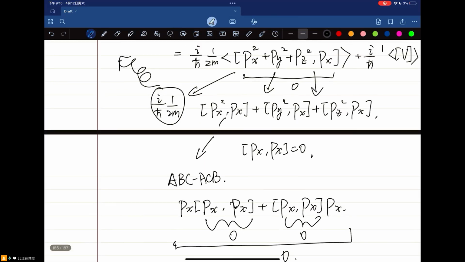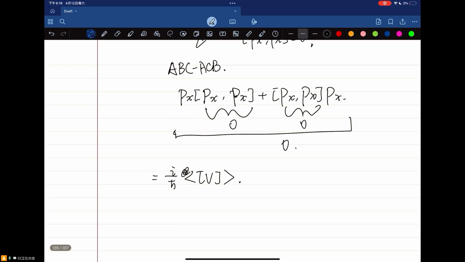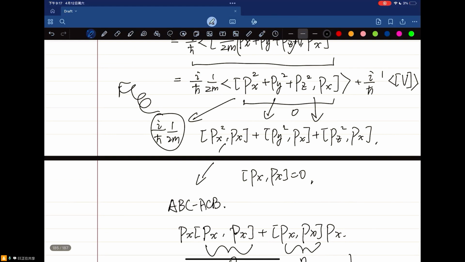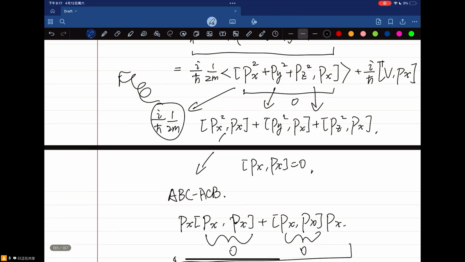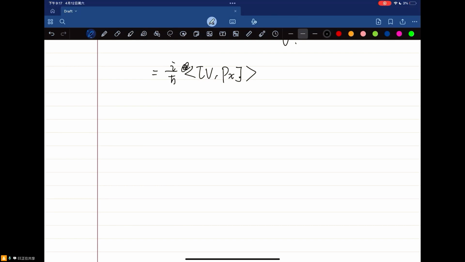So let me copy this. Okay, I missed something here. I've been thinking that it doesn't make sense for V to be alone in the commutator. So I'm thinking, what is missing? Okay, I'm missing a momentum x component here. So now, finally, everything is all right.